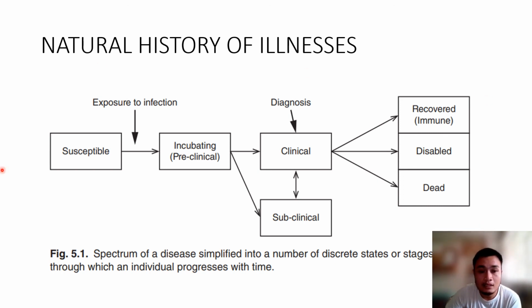So you need to be wary of this disease progression, the natural history of illnesses in individuals, because in the study of epidemiology, these characteristics of specific diseases, kung paano sila, how they go about within this route, is very important in the study of the epidemiology of certain diseases.